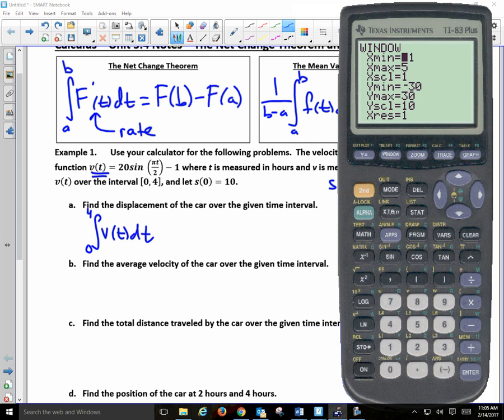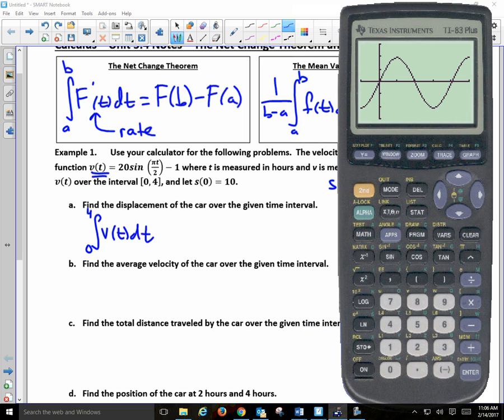But if you're multiplying by 20, then the amplitude is 20, so 20 is the largest value. Subtract 1, and 19 will be its highest point. So if I have it set from 30 to -30, that should be plenty. If I press graph, hopefully we'll get a nice picture of what it looks like. That models the velocity of the car.